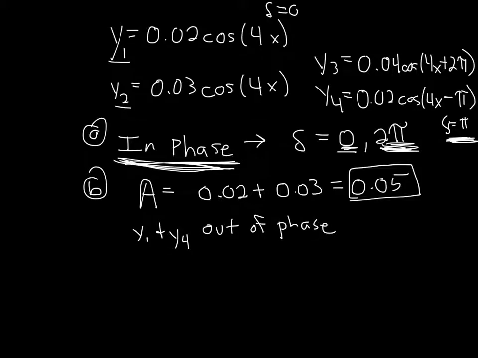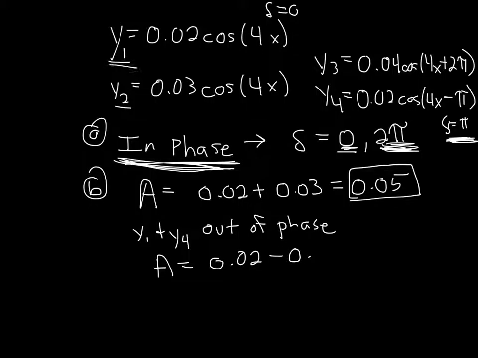Since these two waves are completely out of phase, we can find their amplitude too. A peak of one of the waves is going to be a trough of the other. So while we have a positive amplitude for one of the waves, we're going to have a negative amplitude for the other wave.